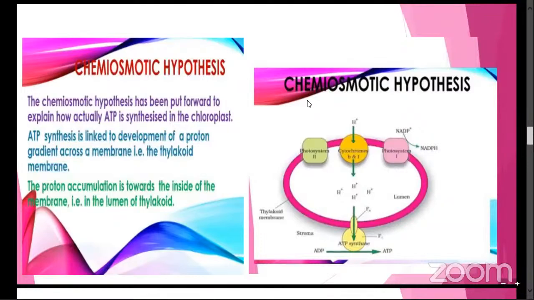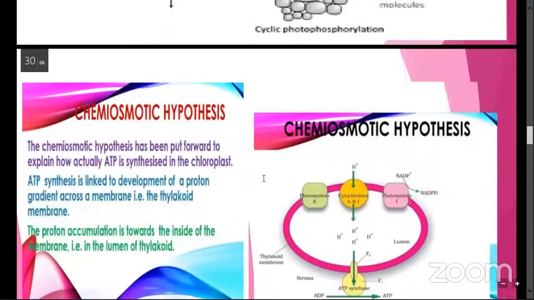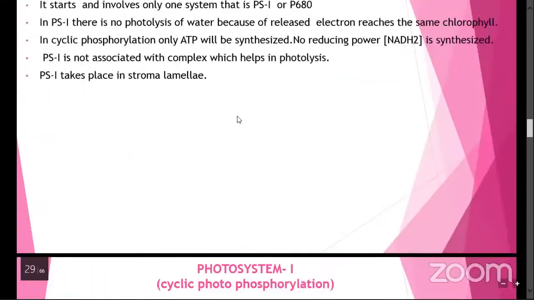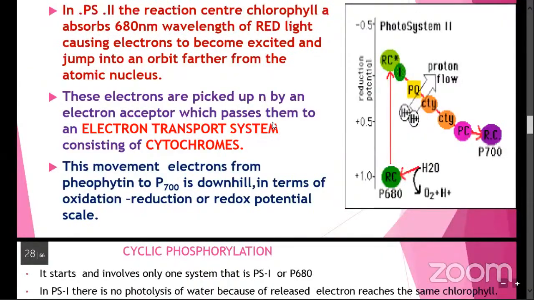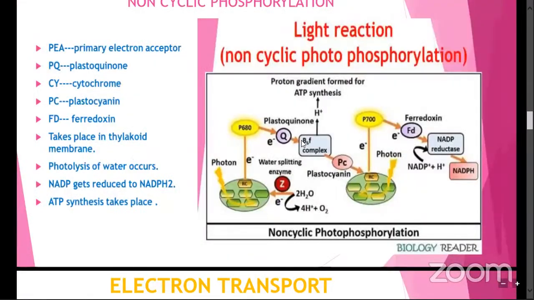That is the first point. What we have to understand is that in chemosmosis mainly two steps are involved. The first one is increasing the proton gradient in the lumen, and it happens in this way. During non-cyclic photophosphorylation, electrons are passed through various electron acceptors and finally reach the PS1 reaction center.